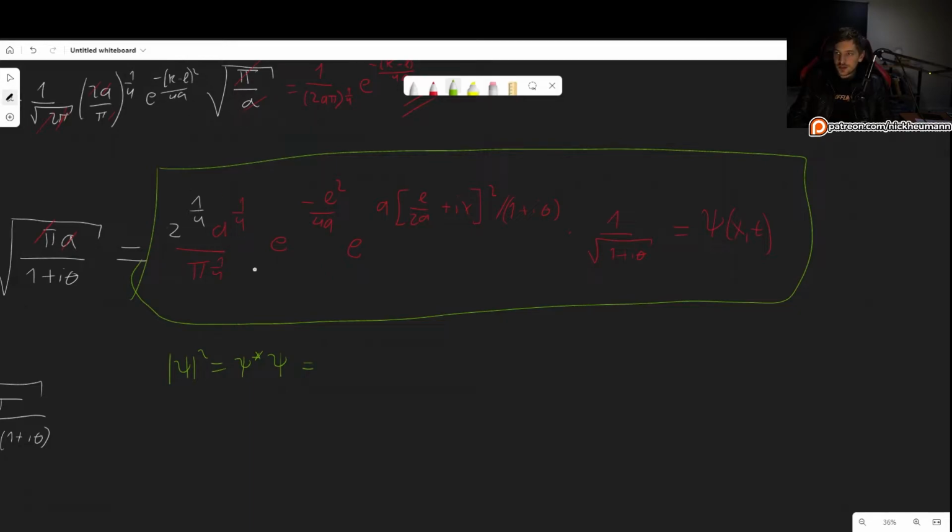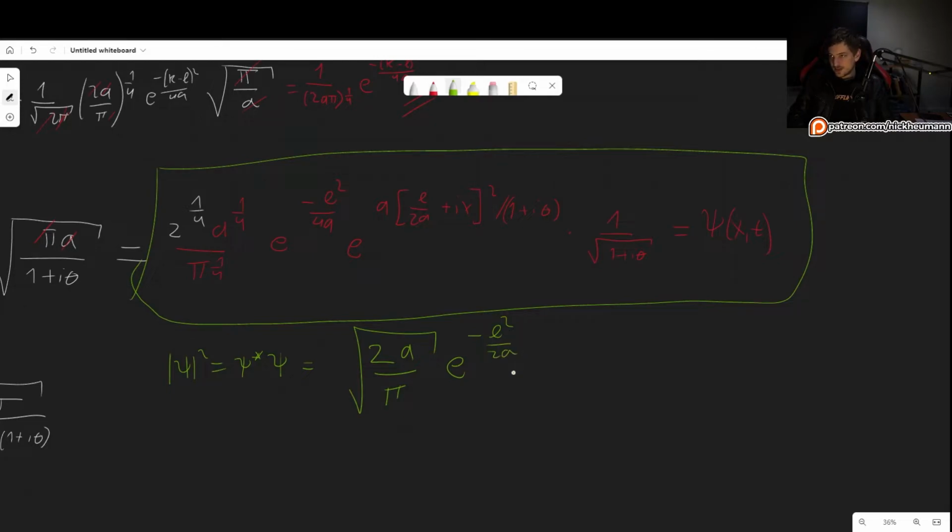So all of these real constants will simply be squared. Instead of to the 4th, we are going to get a square root, so 2a over pi, square root. Then e to the minus, instead of L squared over 4a, it's going to be L squared over 2a.